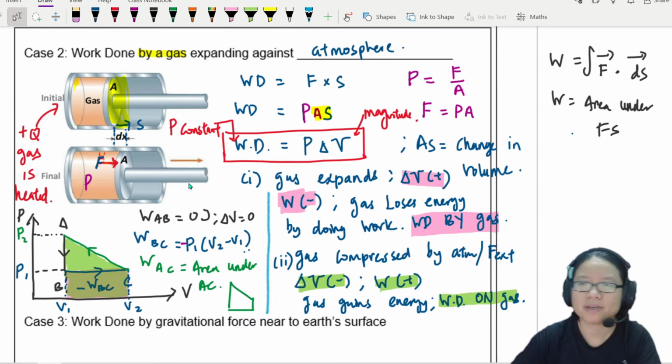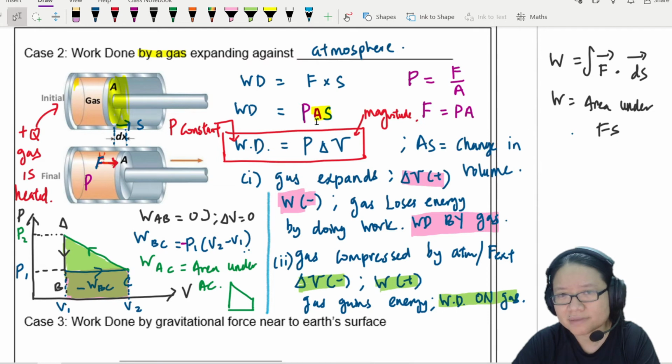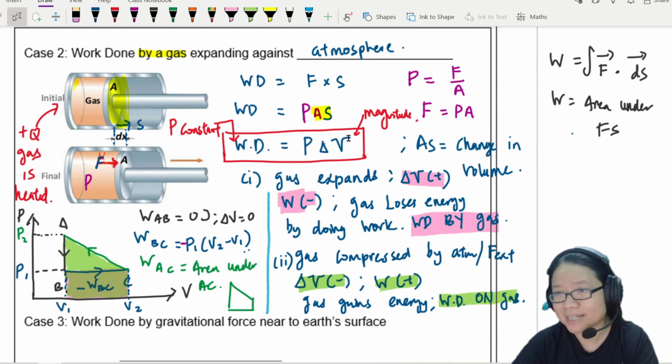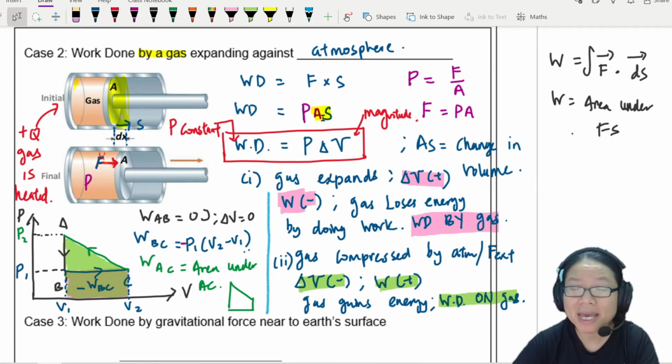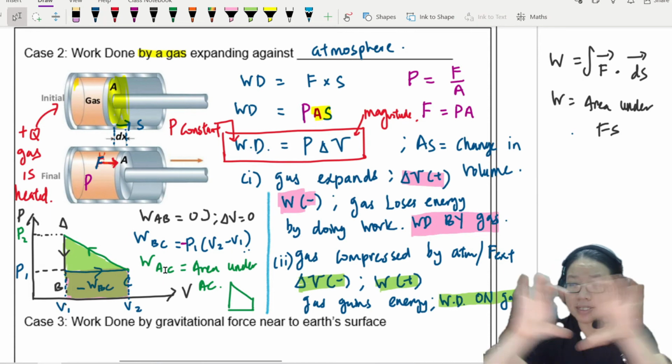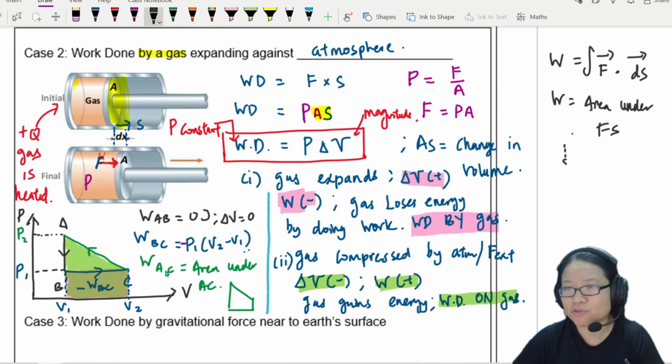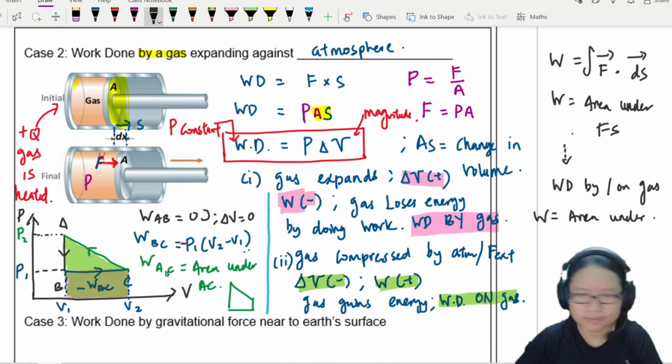Hence, if I look for the area under Fs, it's also the area under PV. It has the same meaning because the area is constant, the same piston. Okay. So in the same vein of thought, work done by or on the gas is actually equal to the area under PV.